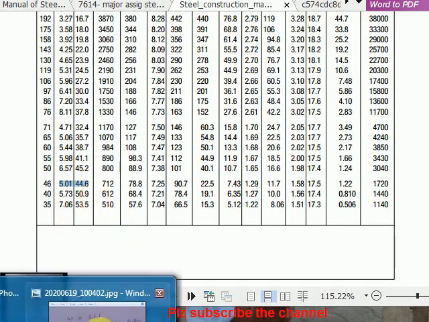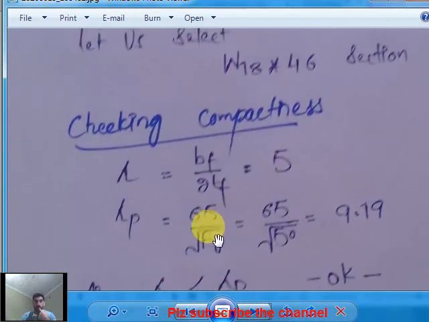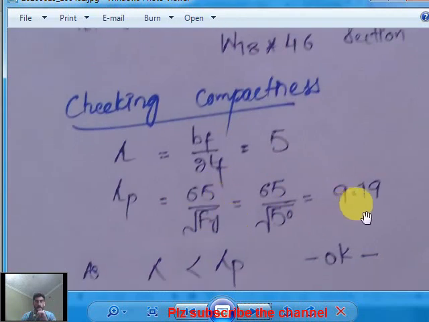Coming back, you see 5. Lambda p is 65 divided by root Fy. From where did we get these equations? You must watch my lecture number 1, where I explained these things. You get 9.19. So as your lambda is less than lambda p, that's okay, your section is compact.